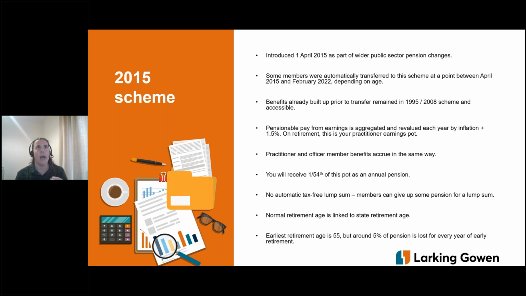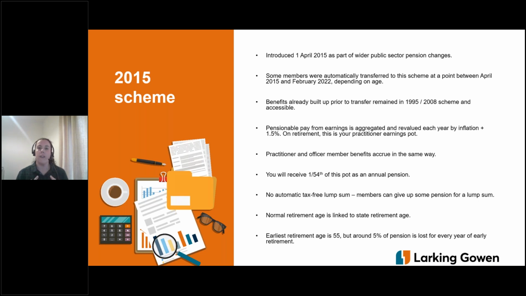If you were between, I believe, 10 and 12 years away from retirement, you went in at some point between April 2015 and February 2022. Those who were further than 12 years away went in automatically in April 2015. As a result, that prompted an age discrimination case against the government, which they lost. Out of that came McCloud, but we'll touch on that later.